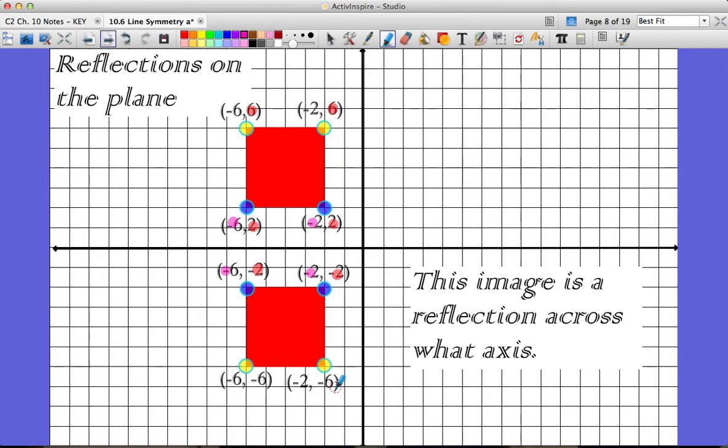Your positive 6 became a negative 6. So when you reflect across the x-axis, your y-coordinates go from being positive to negative, or they can go from being negative to positive, depending where your original image started.